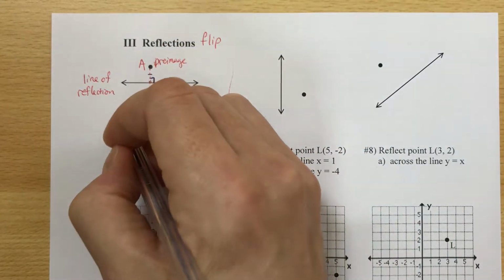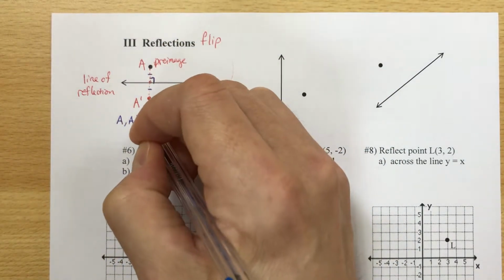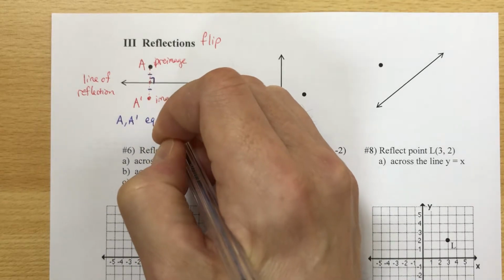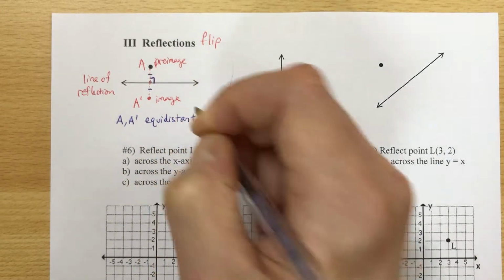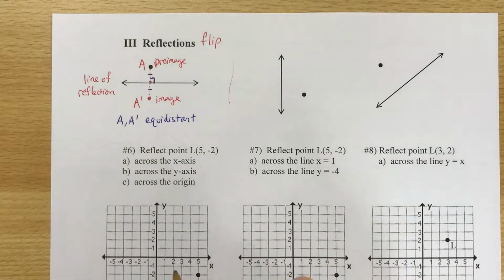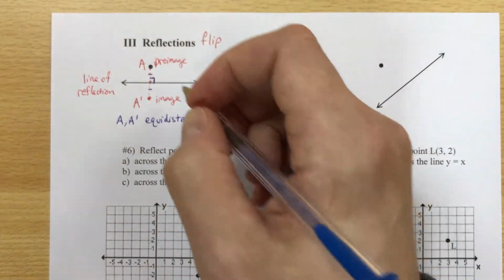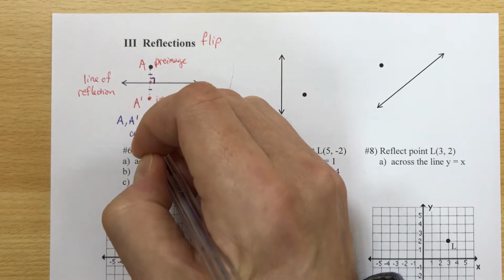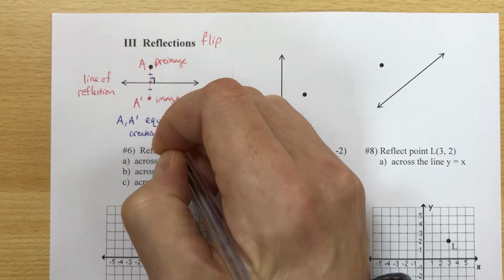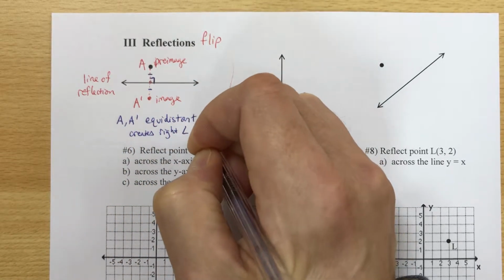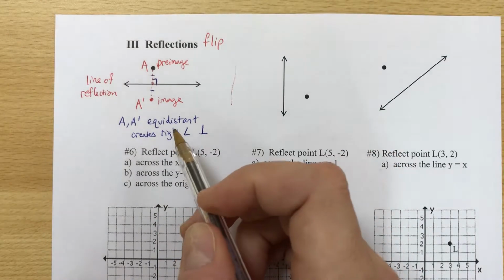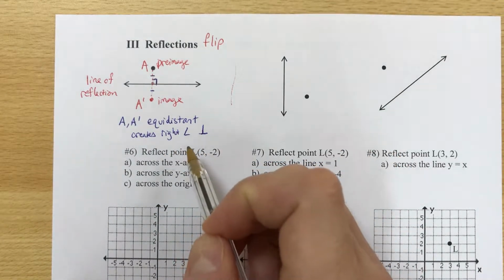These 2 points, A and A prime, must be equidistant. They must be equally the same amount of space from the line. Okay, so it has to be perpendicular. It has to create a right angle, which is perpendicular, and it has to be equidistant. Those are the things that we have to know.